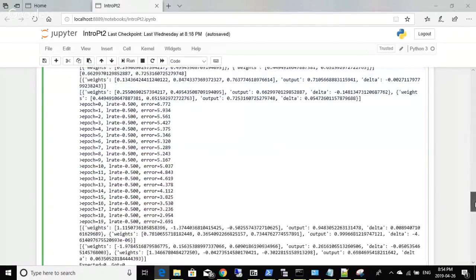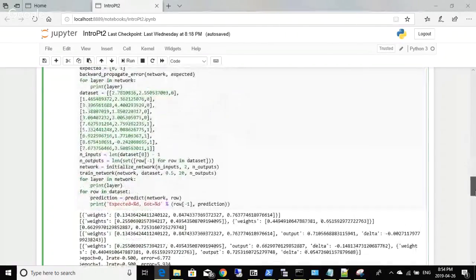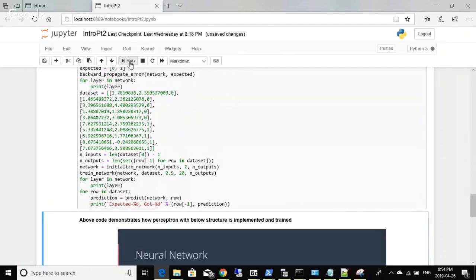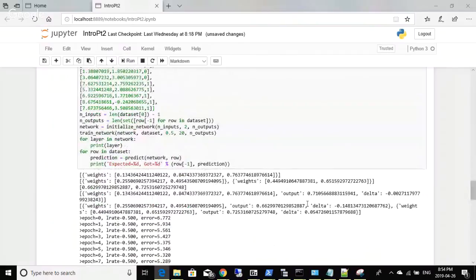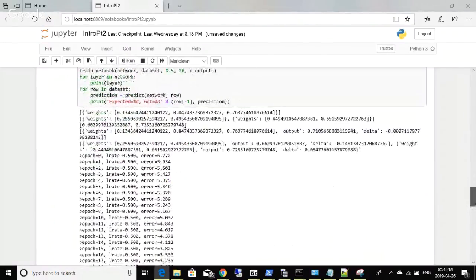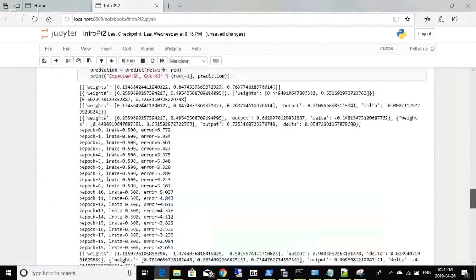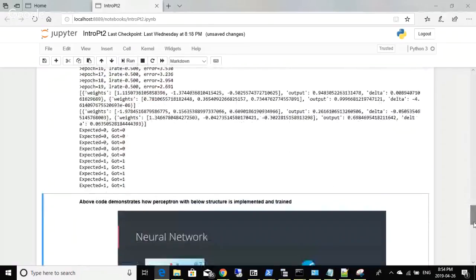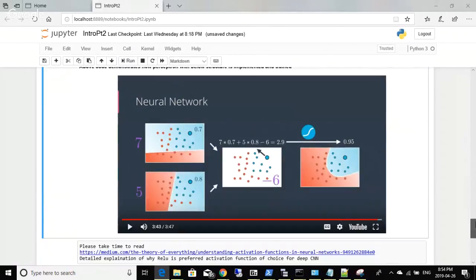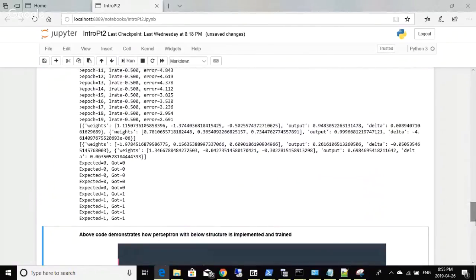Yeah, and you can do a quick run here. This is more or less a contrived data set, and these go from 0 and 1s, and there's the predictions here, and it actually prints out the structure of the network, and you can see that's pretty close. Well, actually, this is a multi-layer perceptron.